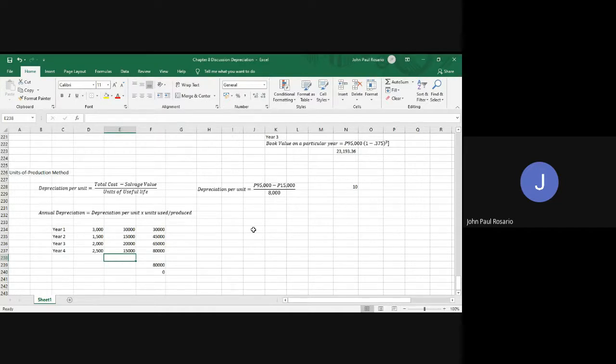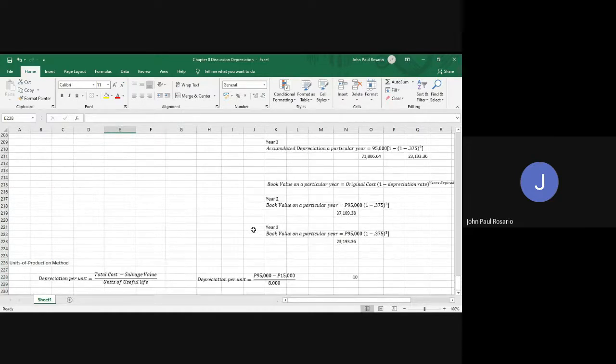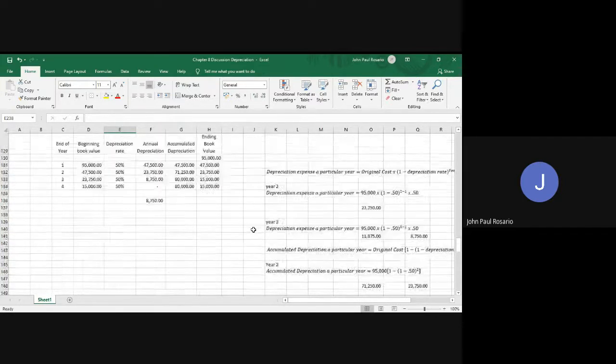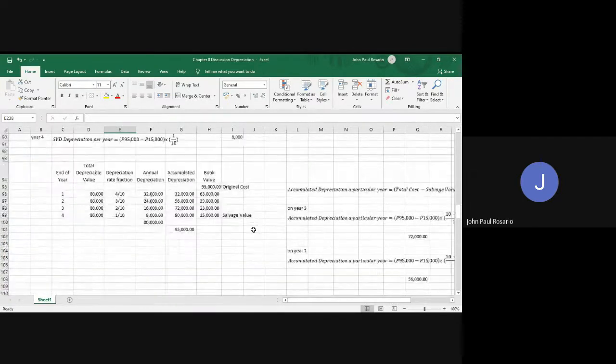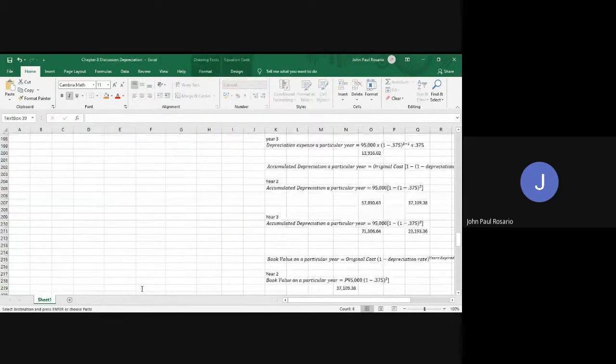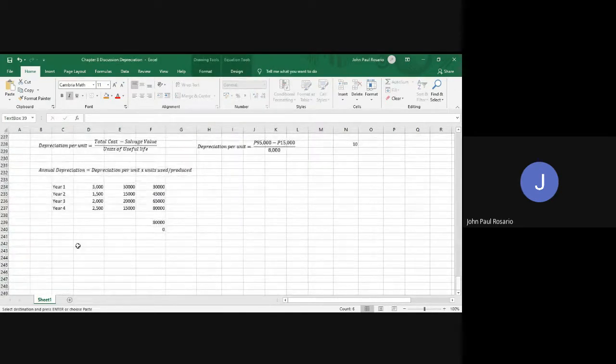So, with that in mind, let's build our depreciation table. Okay, let's try to use this. Like with SYD, we have 2, 4, 6 columns as well for our units of production.